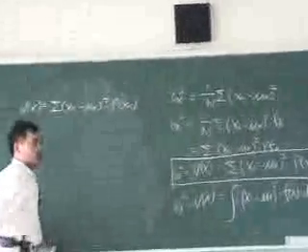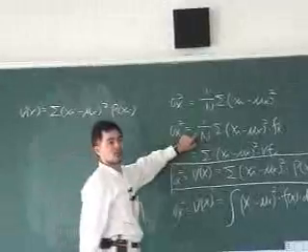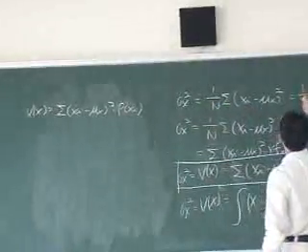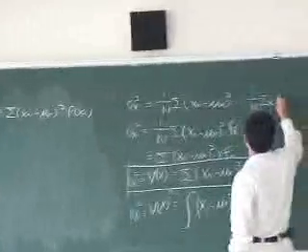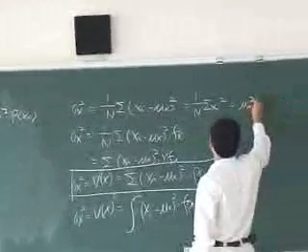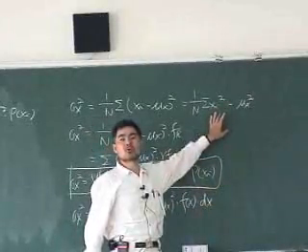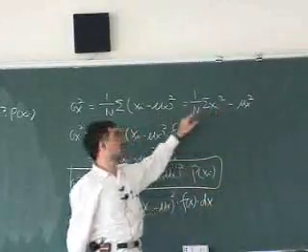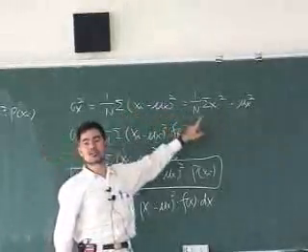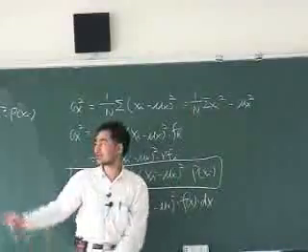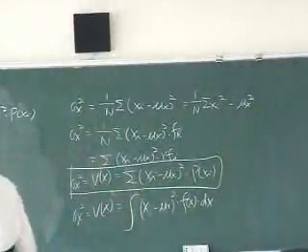Remember, we have a formula to simplify this. Let us look at this first: it is 1 over n summation xi squared minus mu x squared. This is one way to simplify it. We have shown it twice, once for the population variance and once for the sample variance. Now we want to see how to simplify this part.